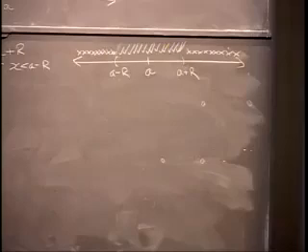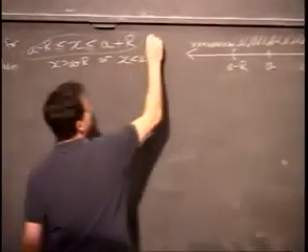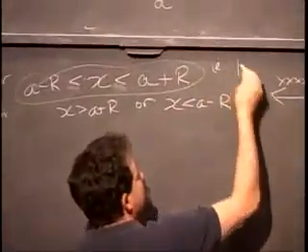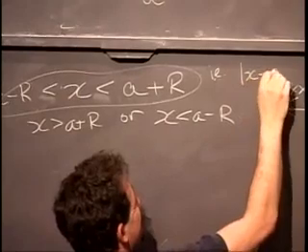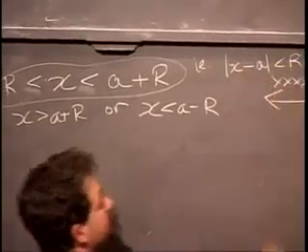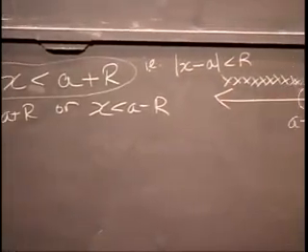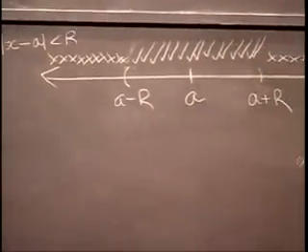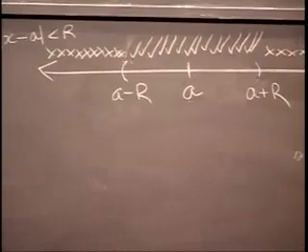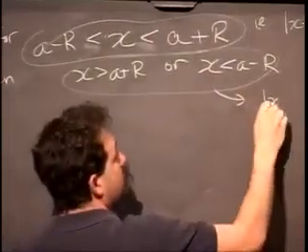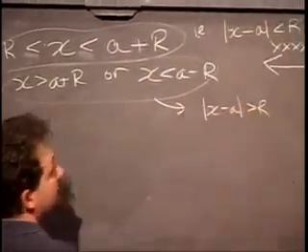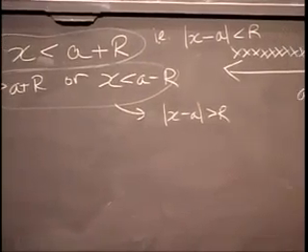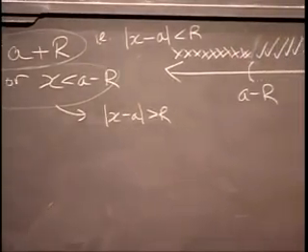Now, a couple of comments. A good way to rewrite this inequality is to say that the distance between x and a is less than r. On the number line, the absolute value of x minus a is the distance from x to a. And in this case, the absolute value of x minus a is greater than r. So that's one comment. You can write those inequalities as one absolute value inequality.